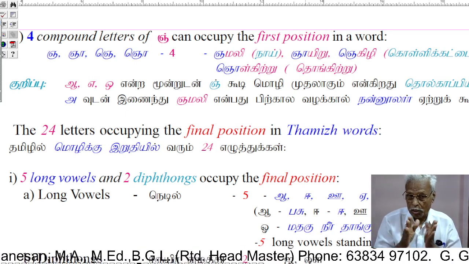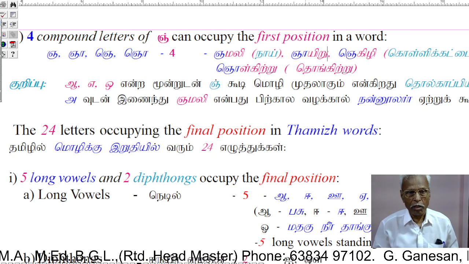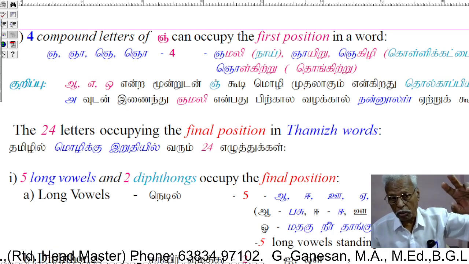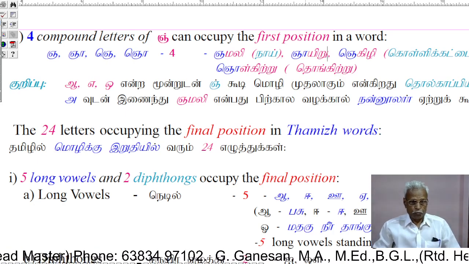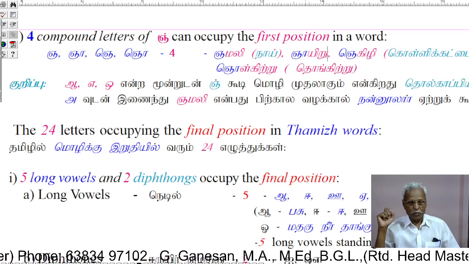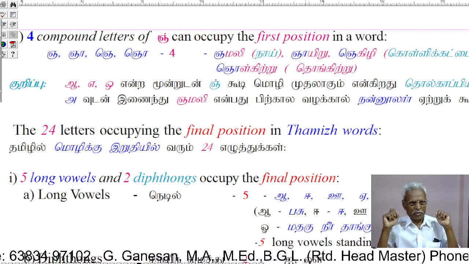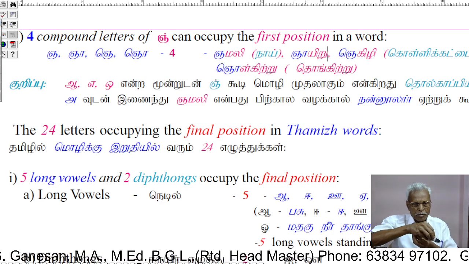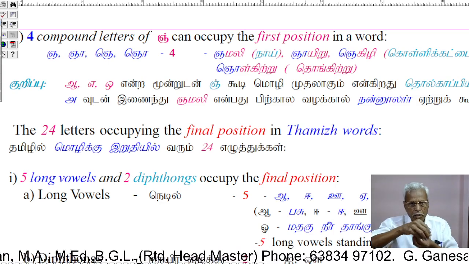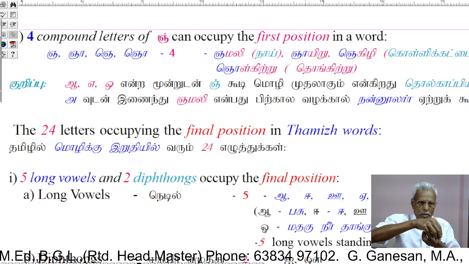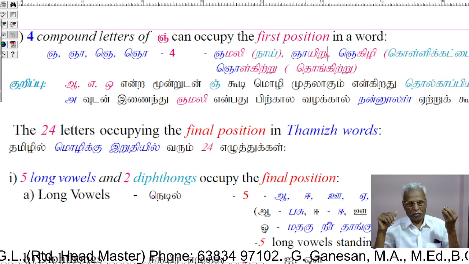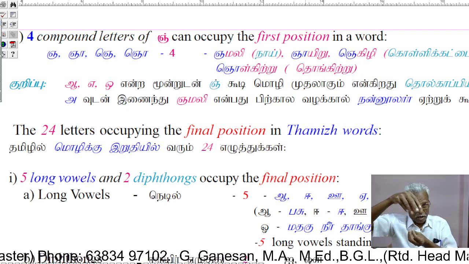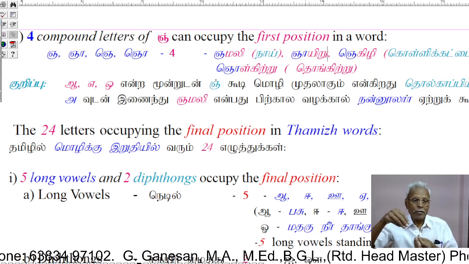But according to Tolkappiyam, only the 3 compound letters formed with R, A, O could occupy the first position in a word. But at the time of Sage Pavanandi, the compound letter formed with R had come into use.